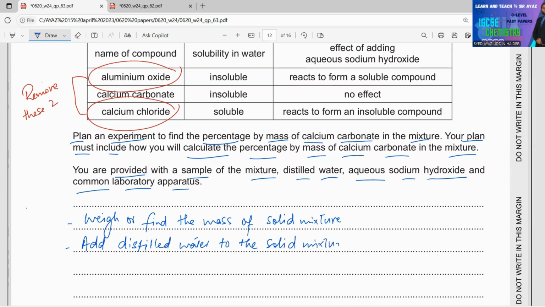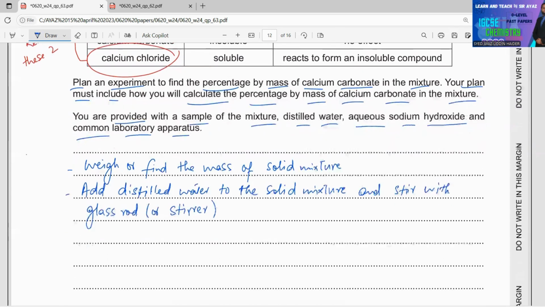And in order to mix calcium chloride completely, we have to use a glass rod or stirrer and stir with glass rod. You can even write stirrer.